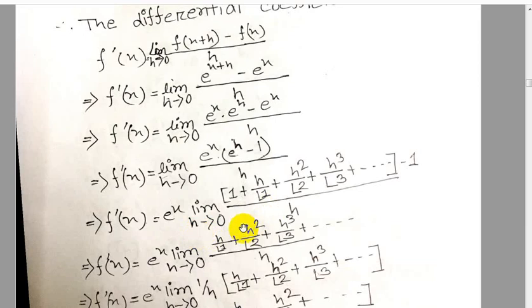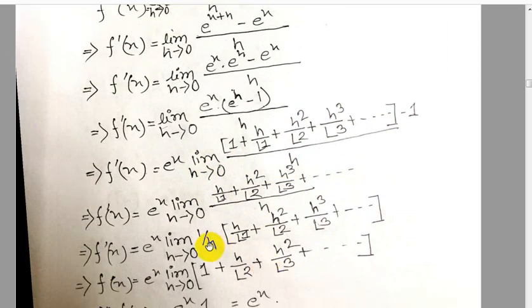If h tends to 0, then this value will be 0. I'm sorry, we need to rewrite this function with this term.